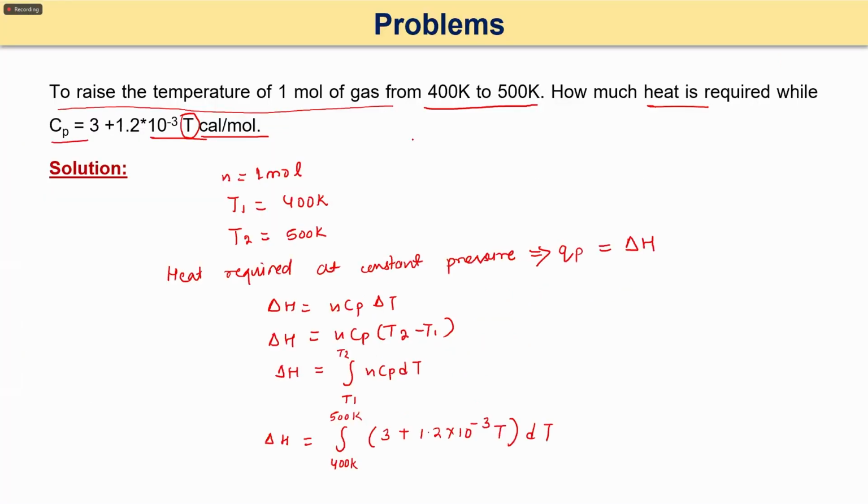So we were here. Delta H equal to the integral from 400 Kelvin to 500 of (3 plus 1.2 into 10 to the power minus 3 T) into dT. Let us expand this.